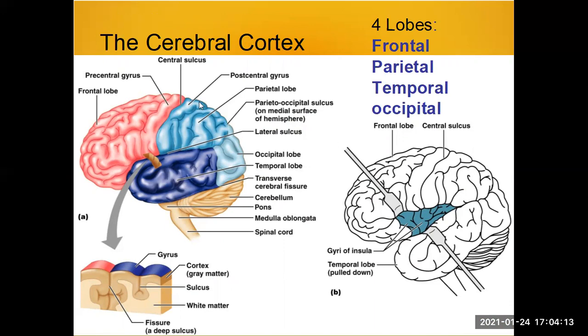You can see central sulcus, precentral gyrus, postcentral gyrus, parieto-occipital sulcus, lateral sulcus, transverse cerebral fissure. You can see cerebellum, pons, medulla oblongata.